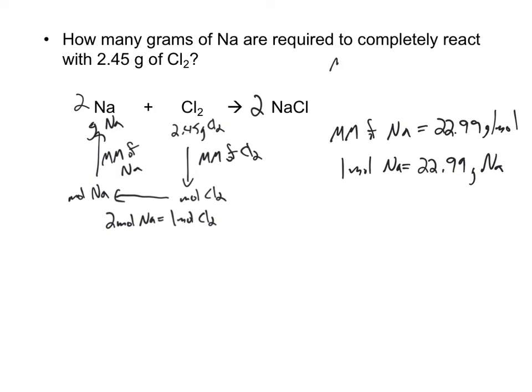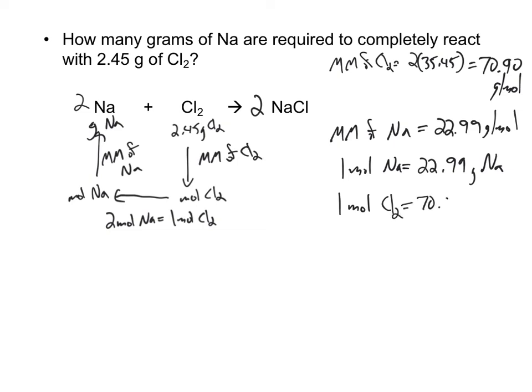For Cl2, it's 2 times 35.45, so that's 70.90 grams per mole, or I like to write that as 1 mole of Cl2, 70.90 grams of Cl2, and then I have 2 moles of sodium, 1 mole of Cl2.